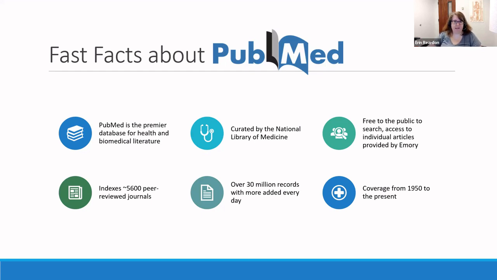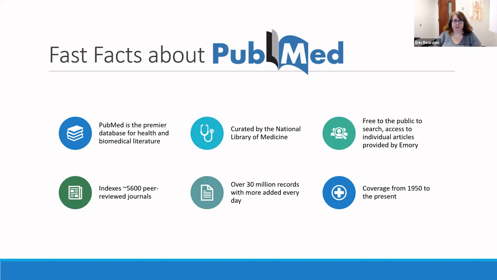PubMed is created and housed in the National Library of Medicine, which is in the National Institutes of Health. It is free to the public anywhere in the world to search, but access to individual articles is going to be provided by your institution.